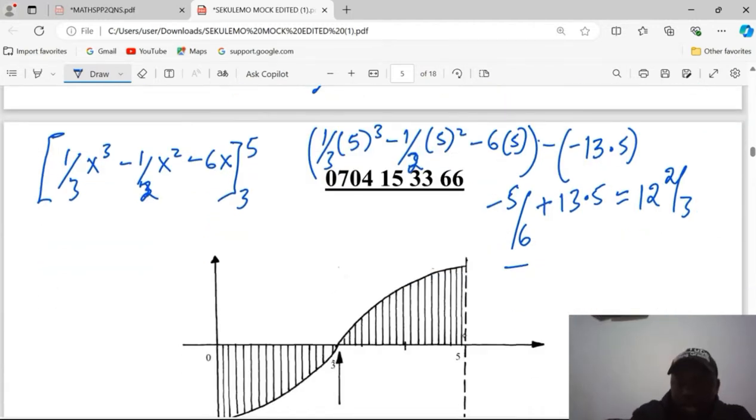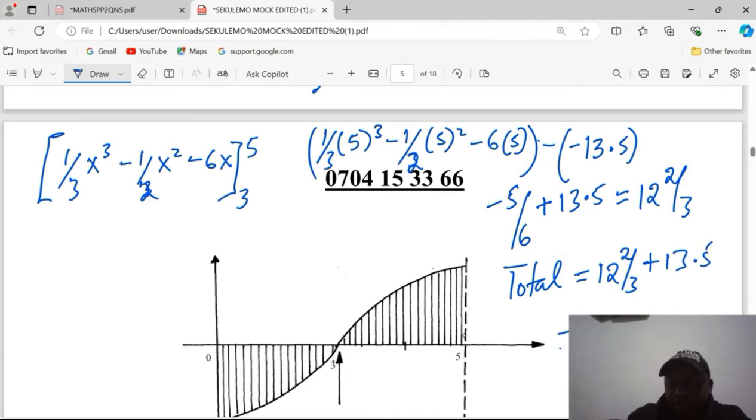So the total area is going to be 12 and 2/3, then we add 13.5. When I add 13.5, I am exactly getting 26 and 1 over 6 square units.